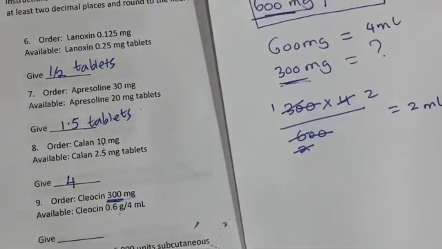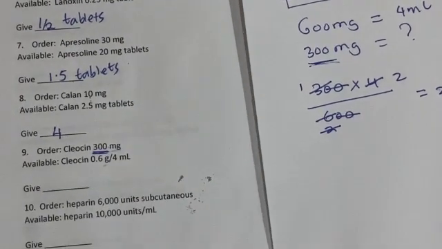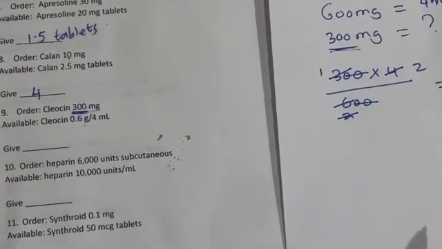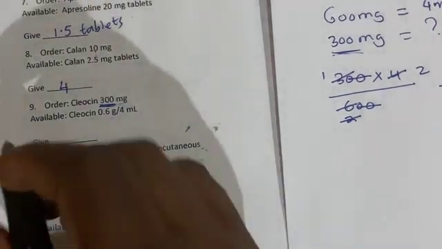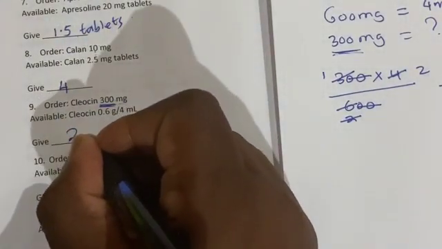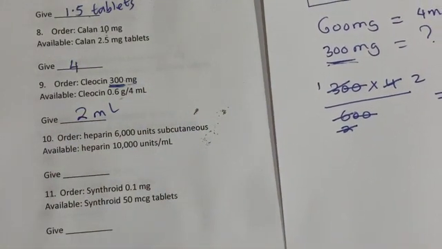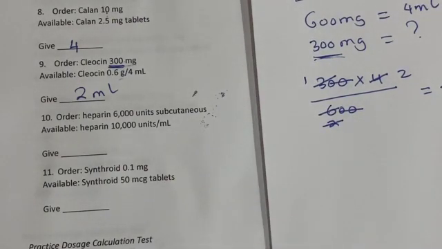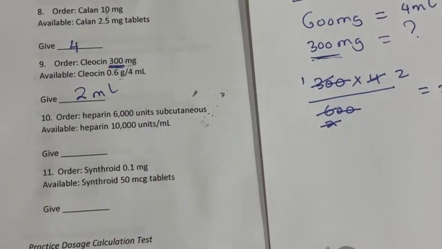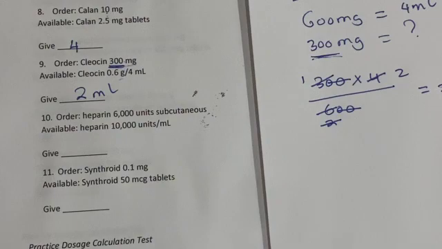All right, let's go to the next one. I don't know if that one was visible. So the answer for this one is 2 ml. All right, let's keep going. Number 10, we have an order of heparin, 6,000 units, sub Q, and what is available is 10,000 units.